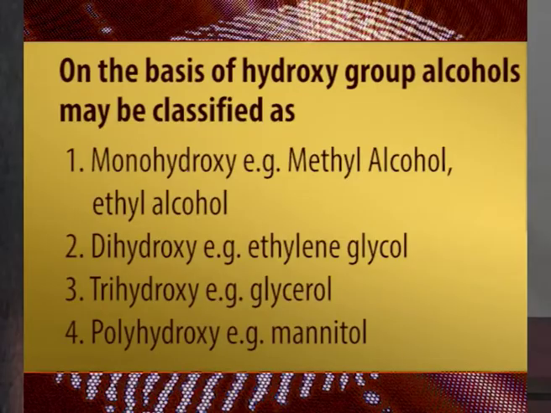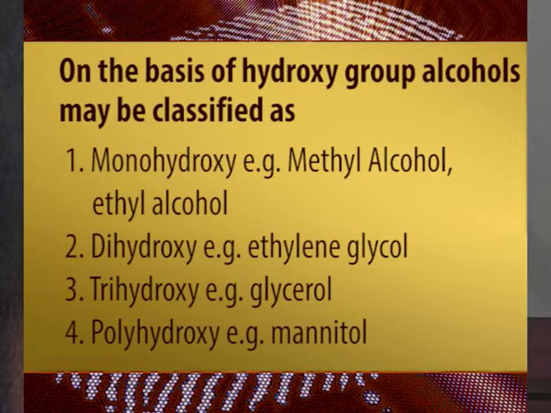The saturated carbon chain is often designated by the symbol R, so that ROH can represent any alcohol in the homologous series. On the basis of hydroxy groups, alcohols may be classified as monohydroxy, for example methyl alcohol, ethyl alcohol, etc. Dihydroxy, example ethylene glycol. Trihydroxy, example glycerol.